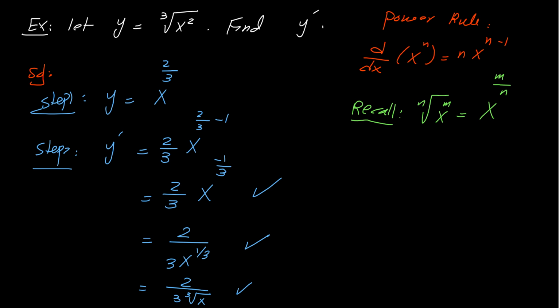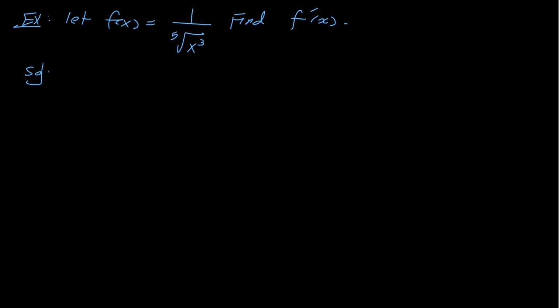Let's cover another example. Let f of x equals 1 over the fifth root of x cubed. Find f prime of x. So in step number 1, we try to rewrite this function as x to the power n so that we can apply the power rule.